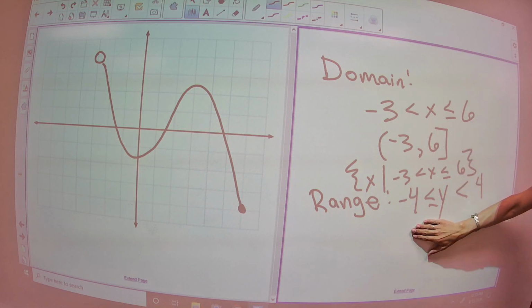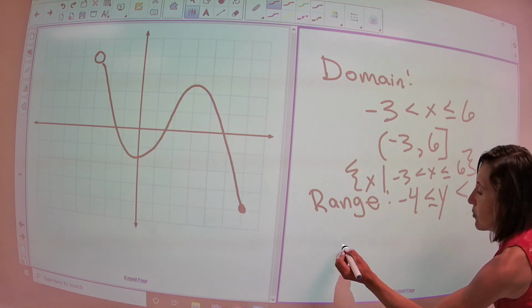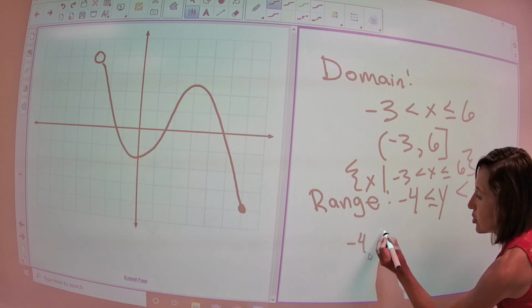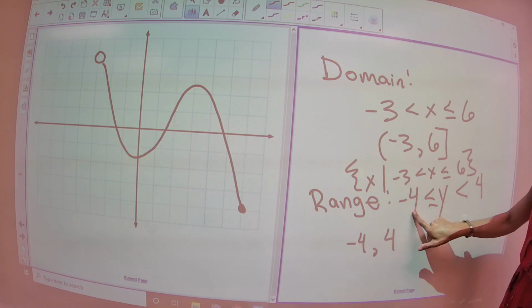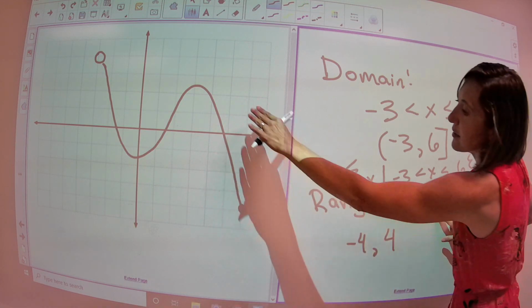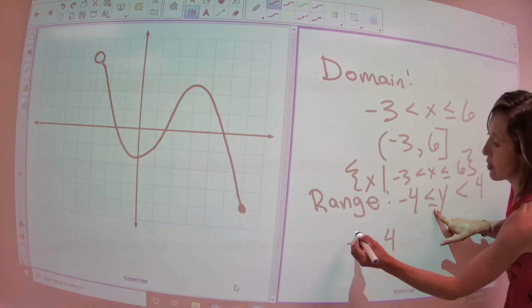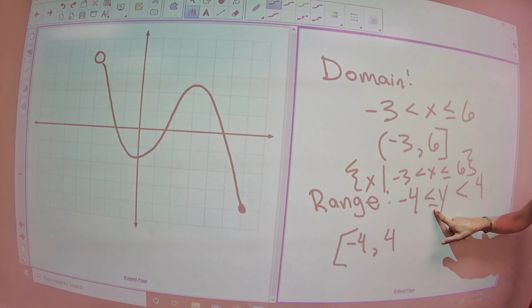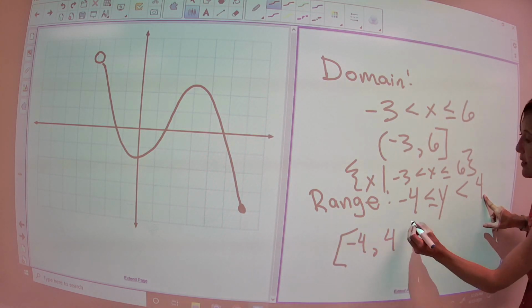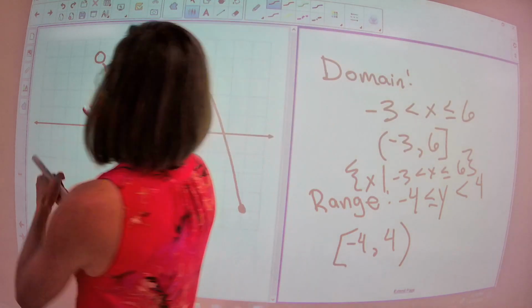For our range, we were going from -4 to +4. So that will be in interval notation. It'll look like this. On the -4 end, it is allowed to equal it. That's because it goes all the way down. The lowest y value is -4. So that gets a square bracket. And then on the 4 end of things, it doesn't actually get as high as the 4 over here.